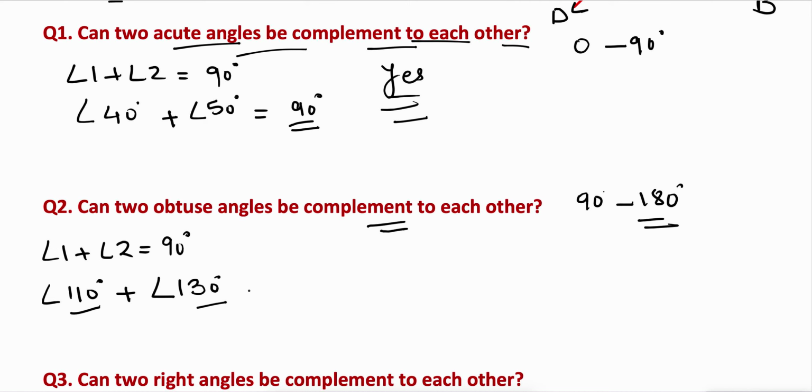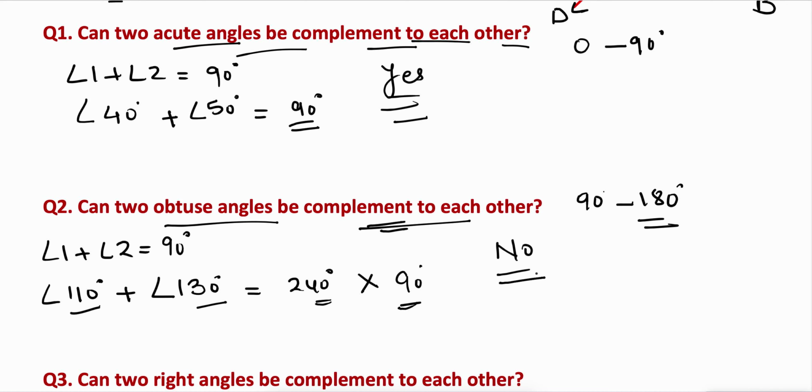If I add them, the sum is 240 degrees, which is not equal to 90 degrees. So two obtuse angles cannot be complementary to each other. The answer is no.